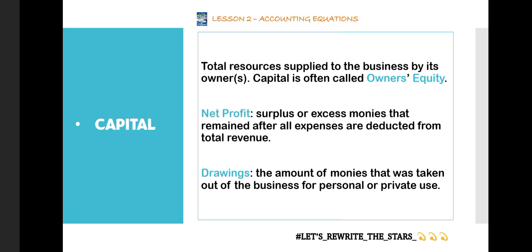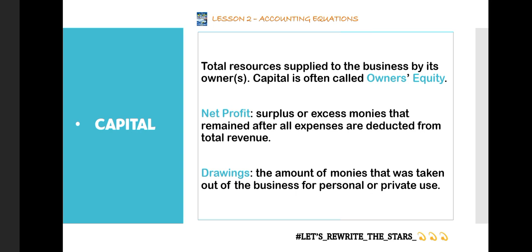He didn't use it for business use or to purchase something to be used by the business. He used it for his own personal things, like paying his child's school fees, buying food, or buying fuel for his personal car. When the owner does these things, it is referred to as drawings.